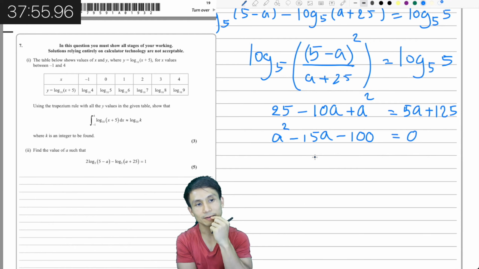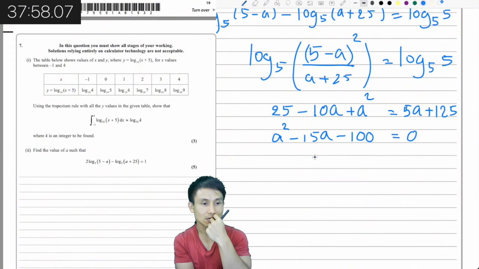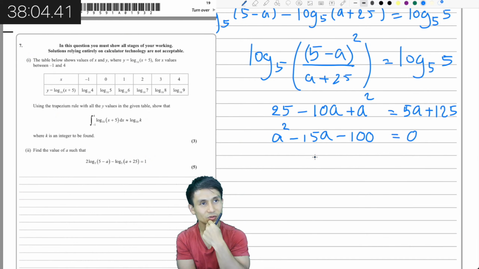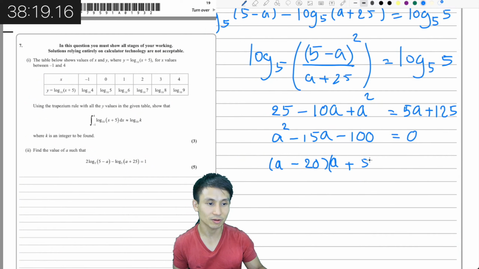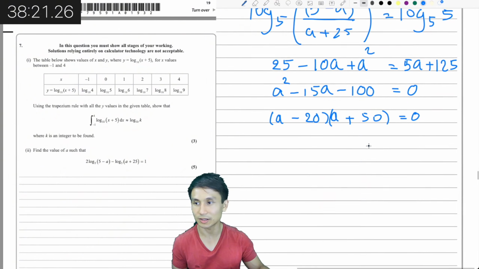Let me see. 4 and 25, no. 8 and 12.5, no. 10 and 10, no. 2 and 50, no. 5 and 20. 5 and 20. How can I miss that? a minus 20 and a plus 5.